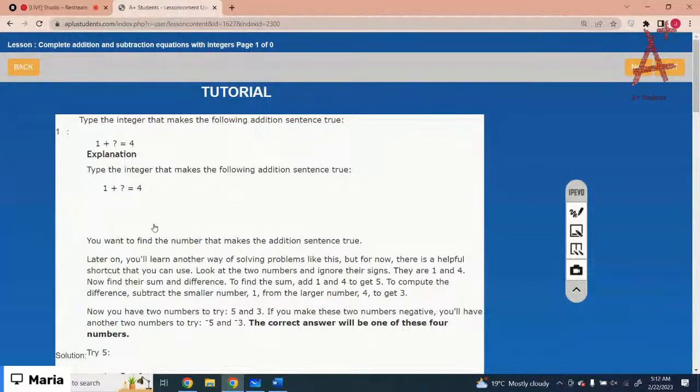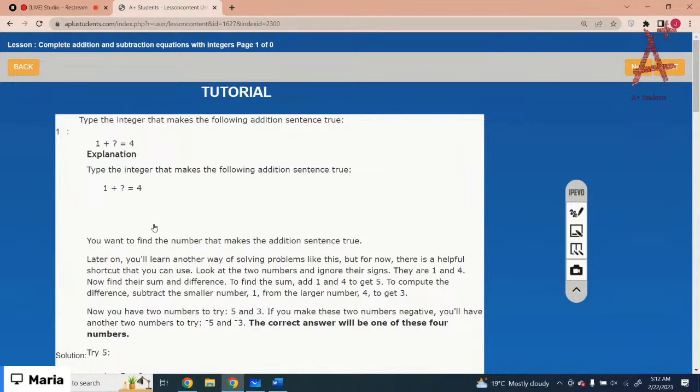They are 1 and 4. Find the sum and difference. To find the sum, 4 plus 1 is 5. To compute the difference, subtract the smaller number 1 from the larger, 4, which gives 3. Now you have two numbers to try, 5 and 3. If you make these two numbers negative, you will have another two numbers, negative 5 and negative 3. The correct answer will be one of these four numbers.